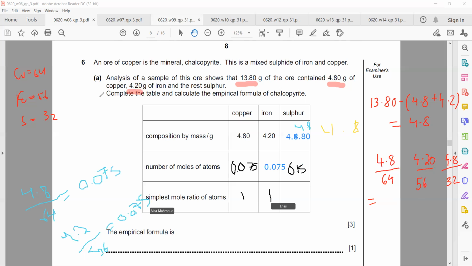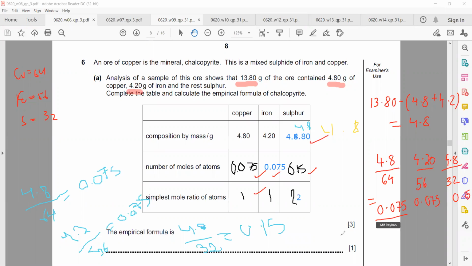Then divide each number by the smallest value, 0.075, and at the last just mention the formula CuFeS2, that's right.